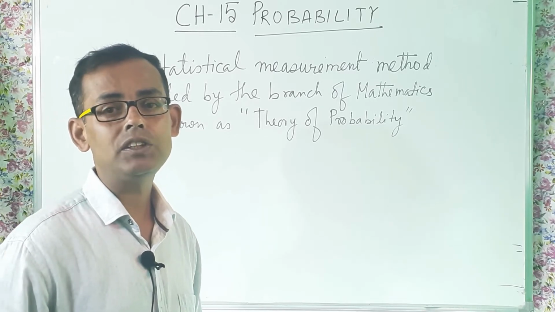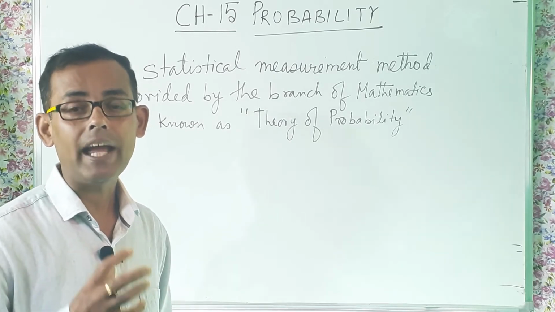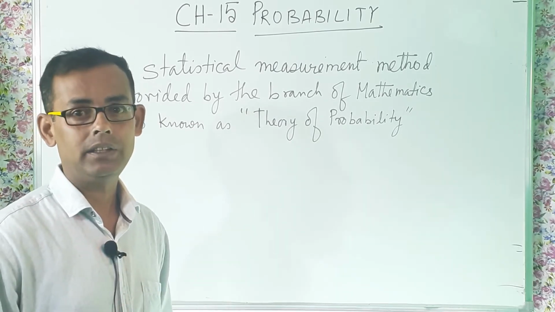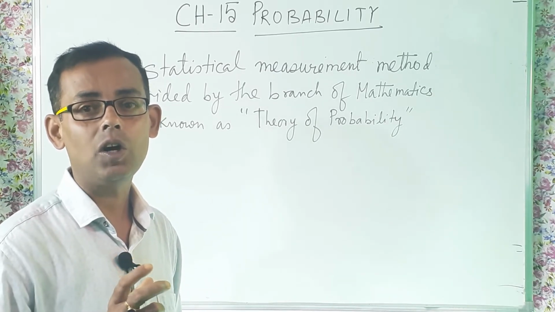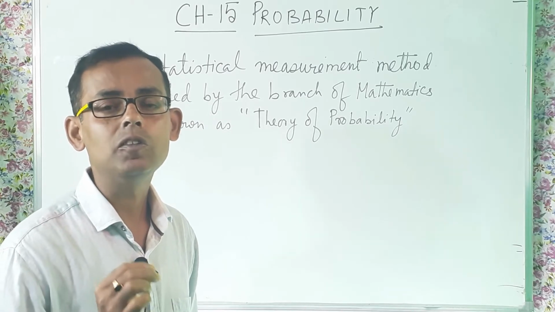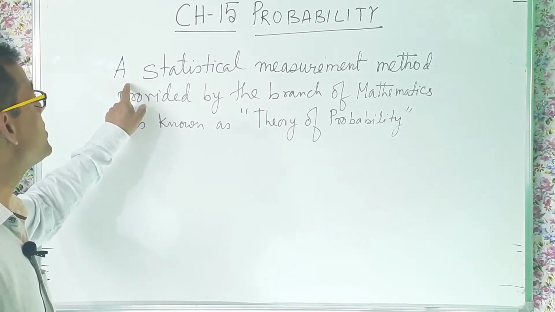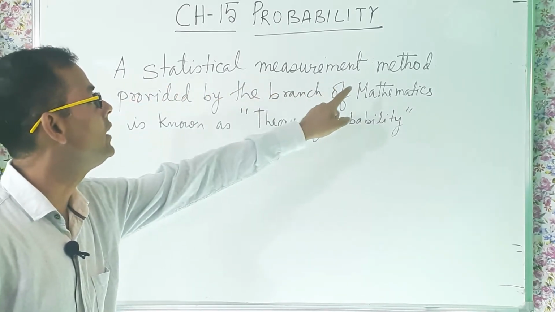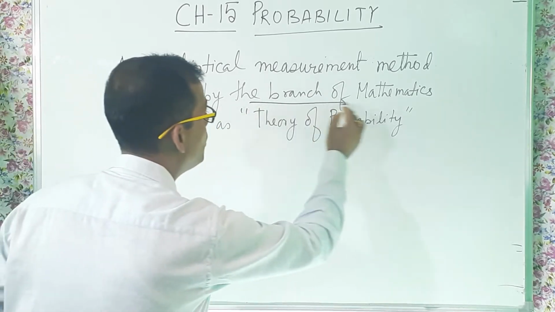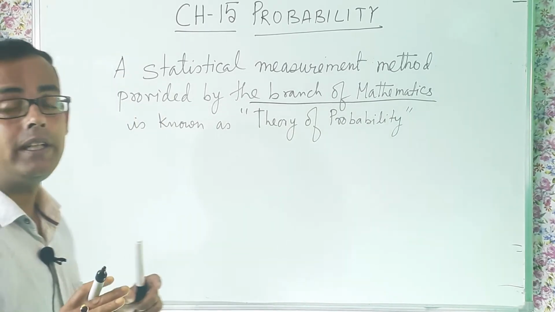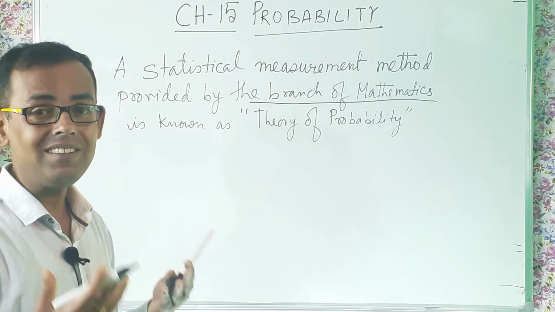So there is no such measurement, but in mathematical statistics we can calculate the degree of certainty of events in numerical values. That is a statistical measurement method provided by the branch of mathematics. So one method is there where we can find out the degree of certainty, because it is uncertain.